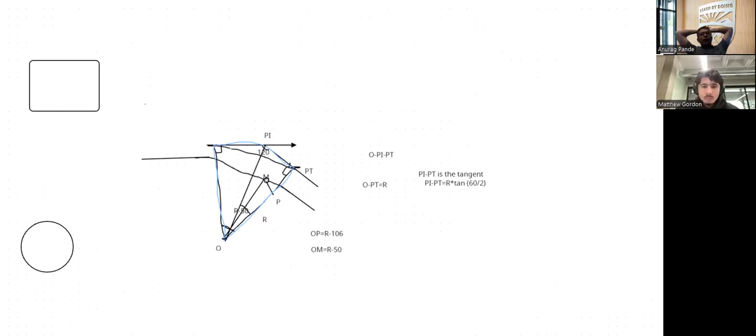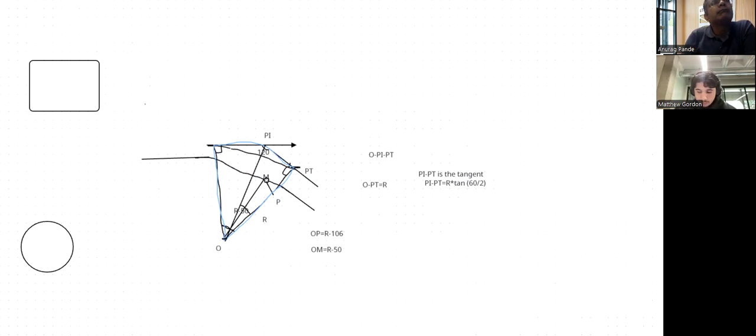Now, I know my drawing is kind of off here, and maybe I can use AI to clear it up. But let's figure out, do we know anything that can help us now? If I know PI to PT, is there anything that can help me figure out what M to P is going to be?